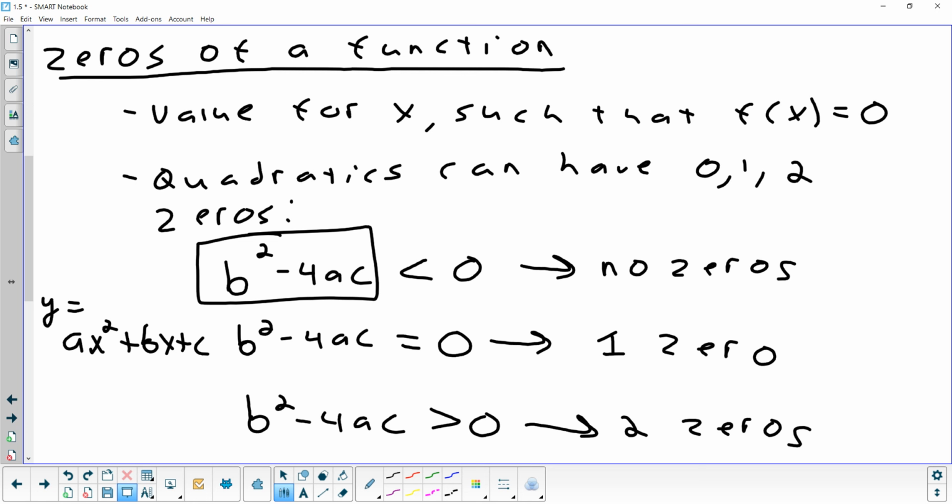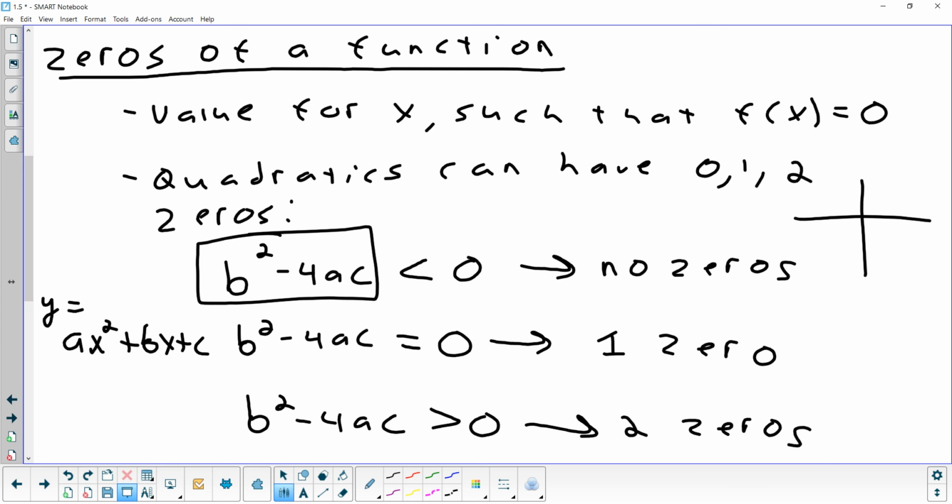It's b squared minus 4ac. When you do b squared minus 4ac, what that tells you is how many times the parabola crosses the axis. Anywhere that a graph crosses the axis is called a root or a zero.